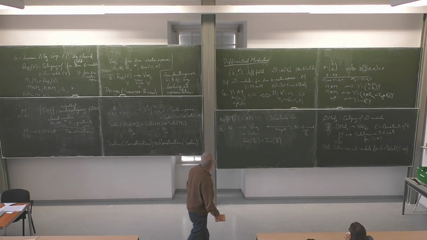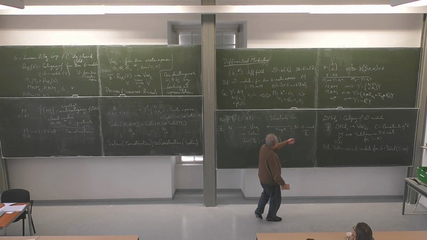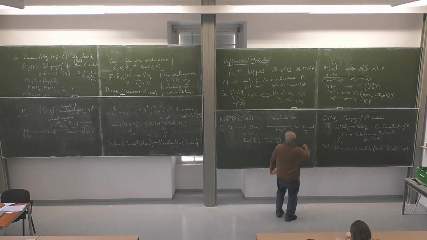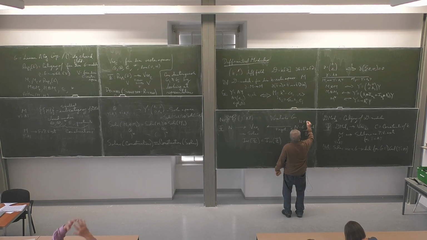You have a representation of G where you forget about G. I mean, you have all of the G modules here, but N is in this category of G modules.